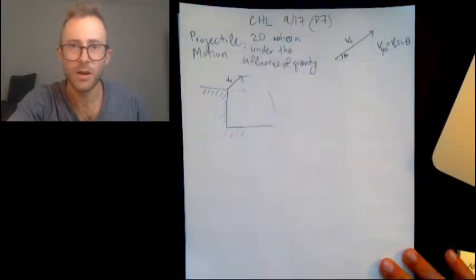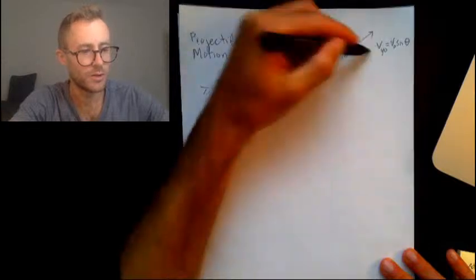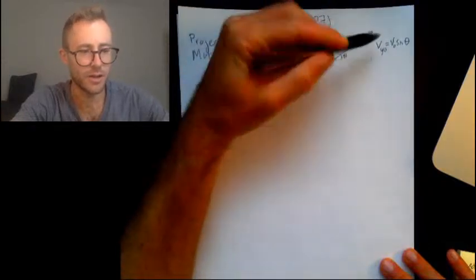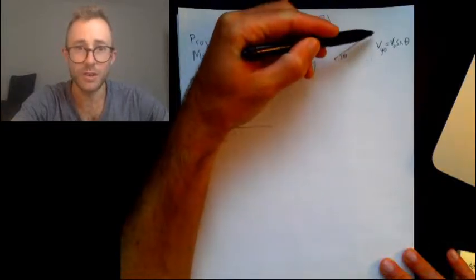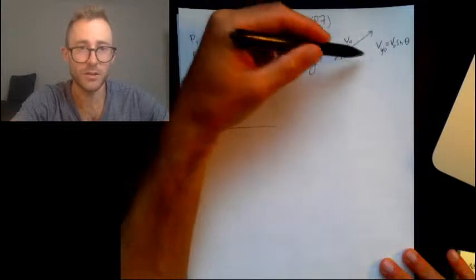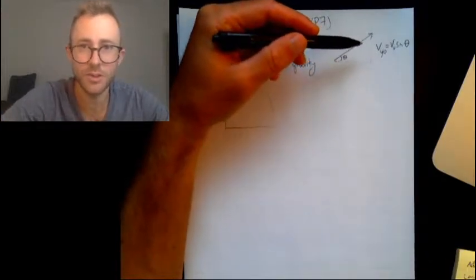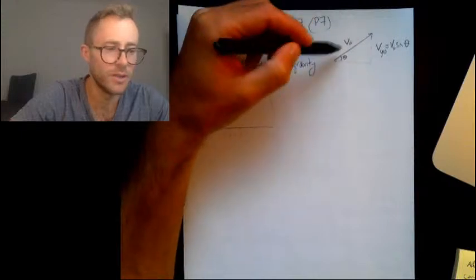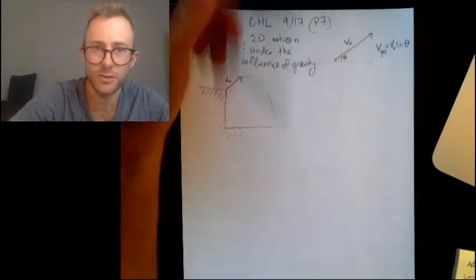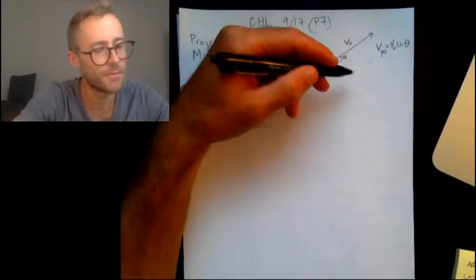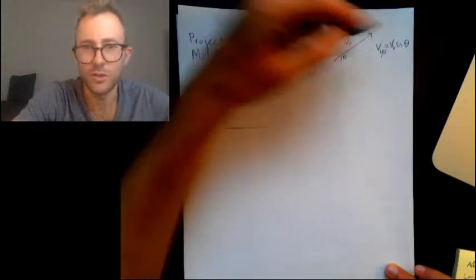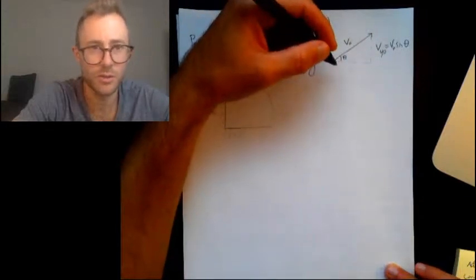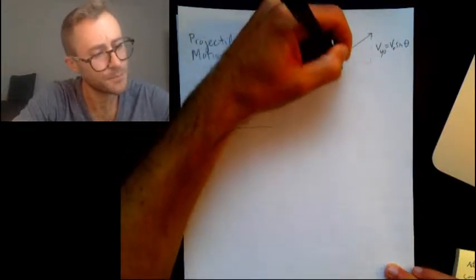Why is that? Well, here's the angle right here, and v y naught is on the opposite side from that angle. So the trig function that has opposite in it is the sine function. v naught is the hypotenuse, it's the speed. So we can use those to get the initial vertical velocity.